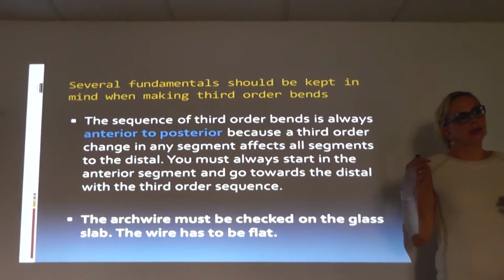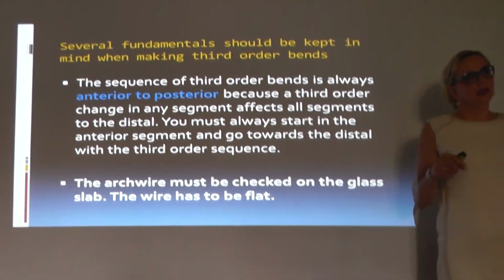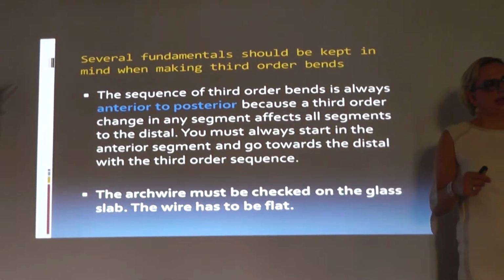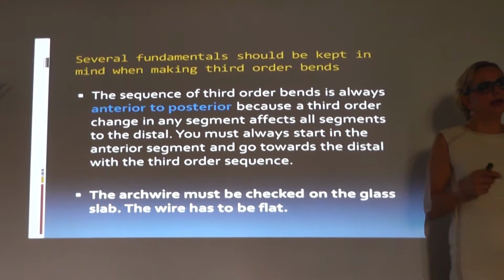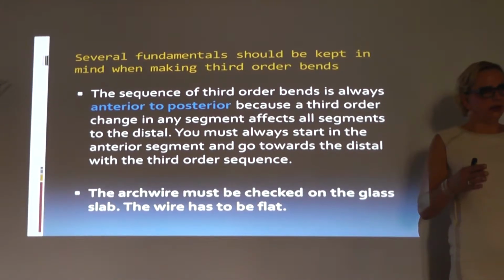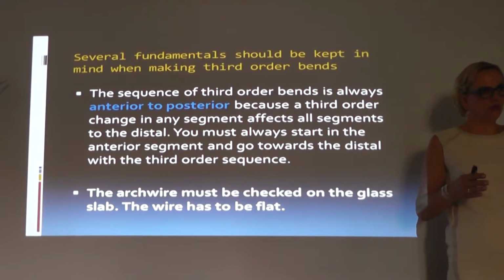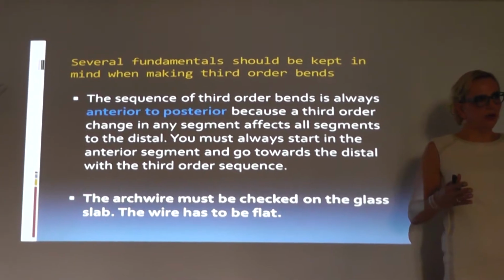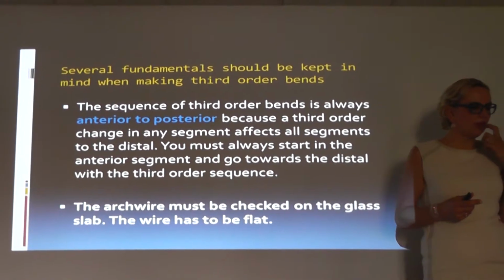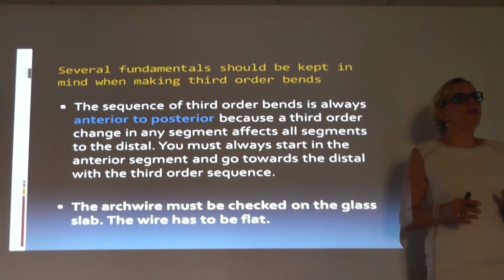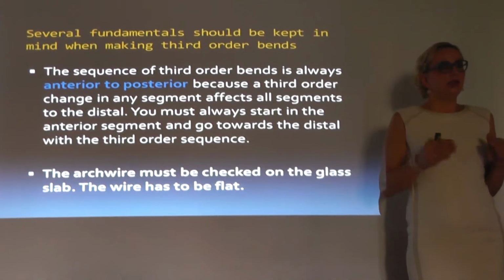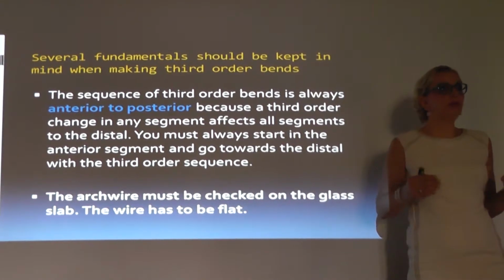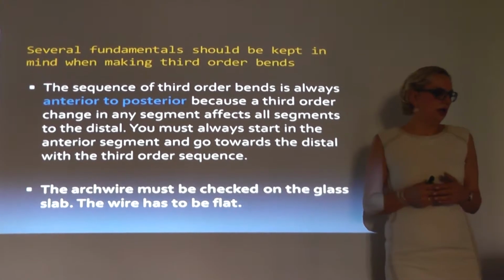So you will see the omega loops which I made in the exercise: in case of buccal crown torque, they will go in. In case of lingual crown torque, they will go out. And first we do torque in the anterior, and then in the posterior region.